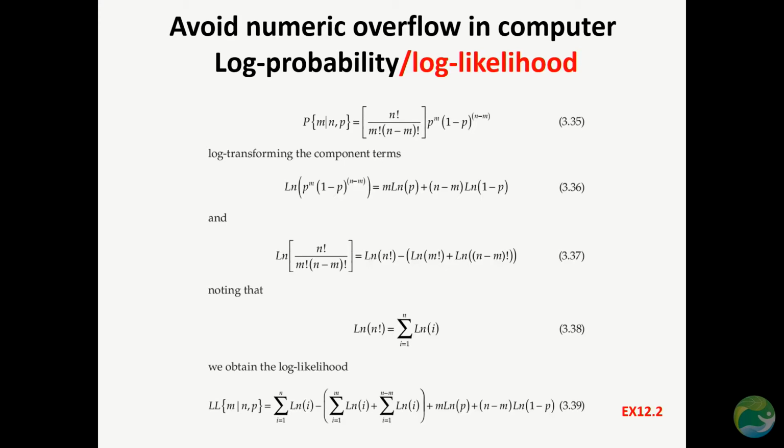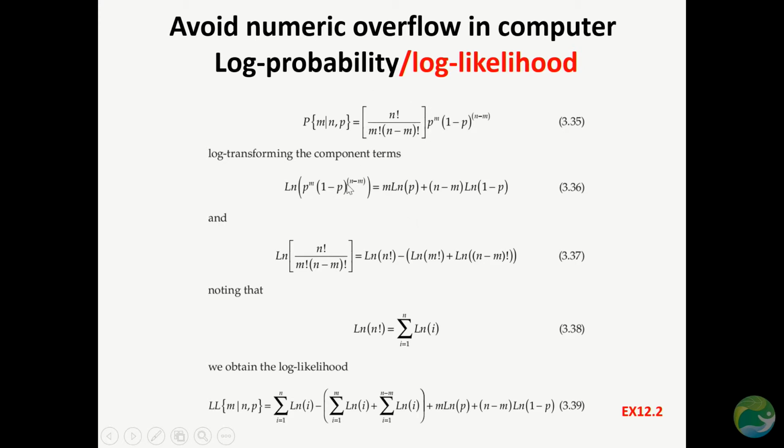But in some cases, this factorial term may not be computable because there's a problem called numeric overflow. In such cases, we can use the log probability. As I mentioned, the PMF of the binomial distribution looks like this, right? So we can take a log.